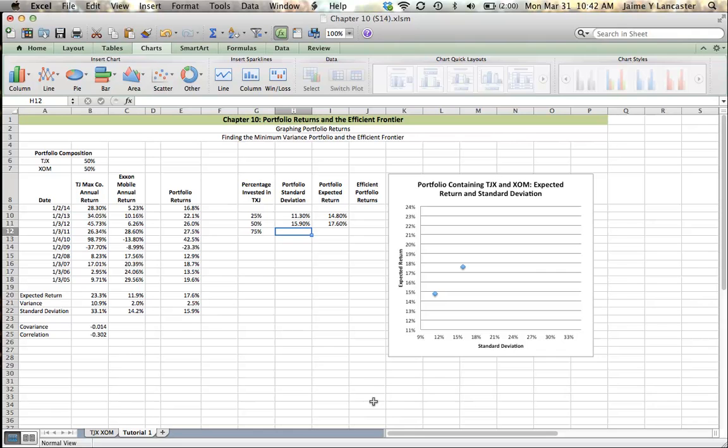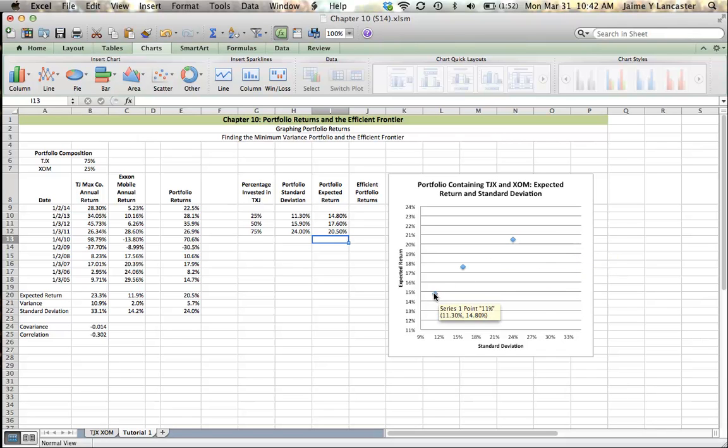That's what we might expect, that we get a higher return, but with it, we get a broader distribution, so we've got less certainty. Let's take one more example where we have 75% in TJ Maxx and the remaining 25% is in ExxonMobil. Well, in this case, our standard deviation is a whopping 24% for an expected level of return of 20.5%. Here is that third point.